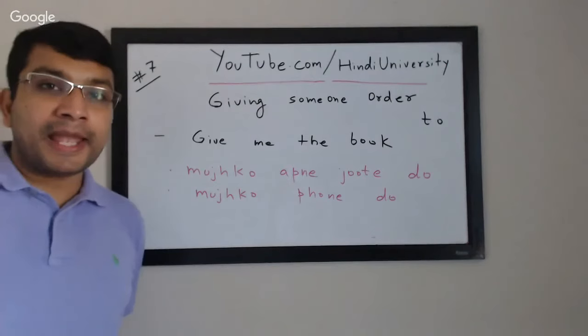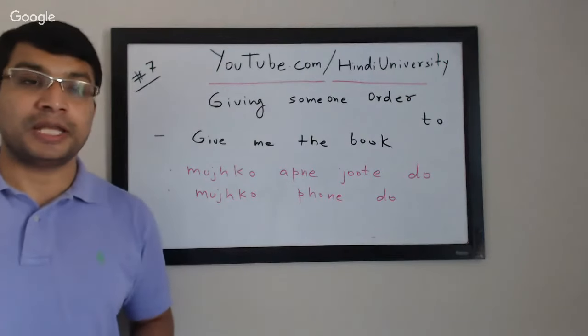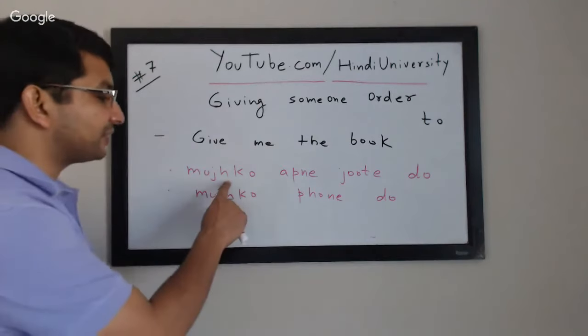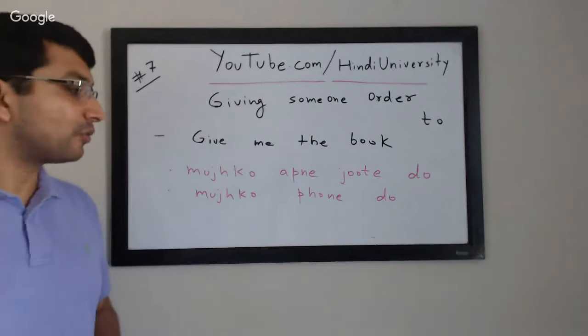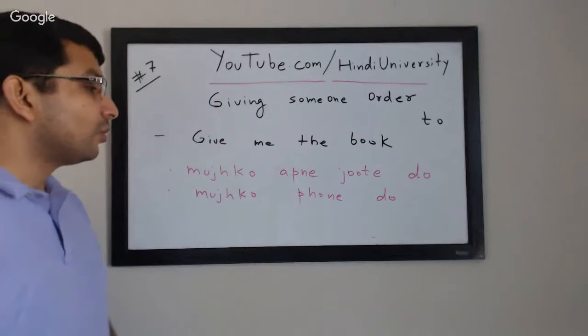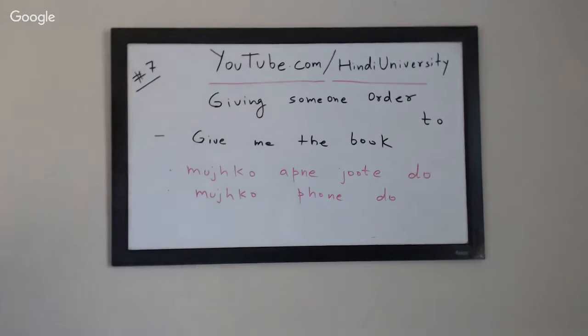So instead of मैं, let's say you're talking about him or her. For example, उसको जूते दो. Give him shoes. Give her shoes. उनको phone दो. Give them the phone. So that's what I mean. आपको और खाना दो.